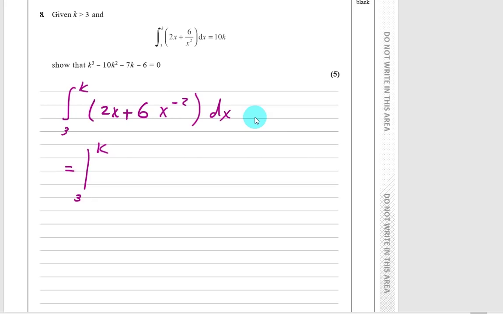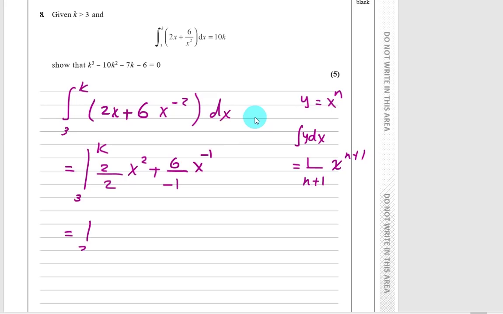Now for the integral, if we have y equal to xⁿ, then the integral of y dx is equal to 1 divided by (n + 1) times xⁿ⁺¹. So the integral of 2x⁻¹... it would equal, from 3 to k, x² - 6 divided by x.